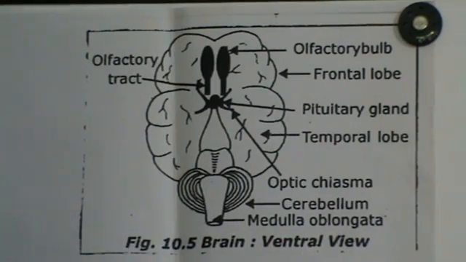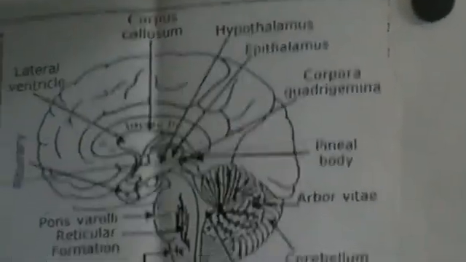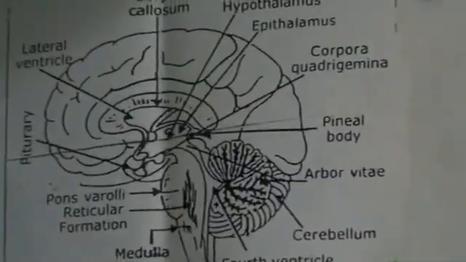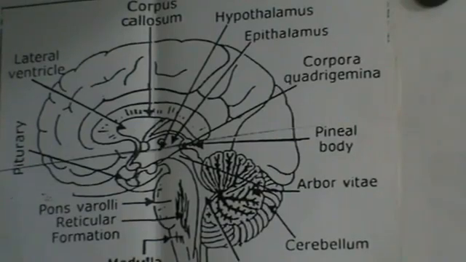What is the function of the midbrain? A pair of superior lobes, the upper 2 lobes of the corpora quadrigemini, are centers for visual reflexes. The inferior lobes are used for auditory reflexes.